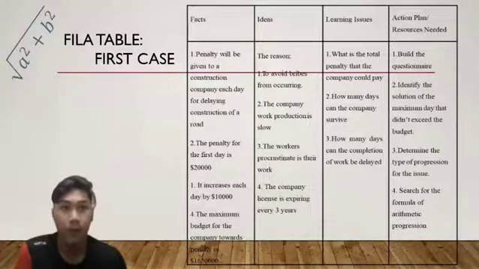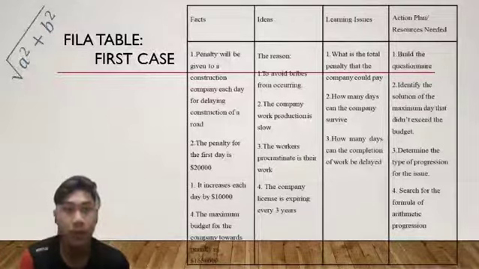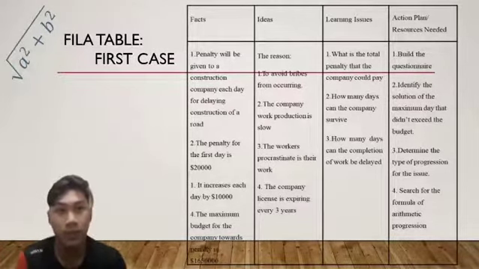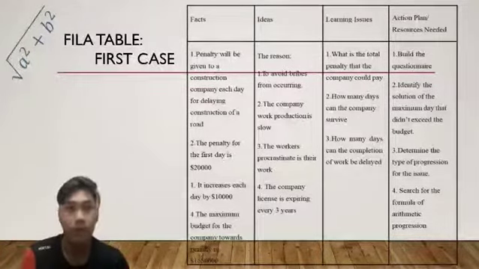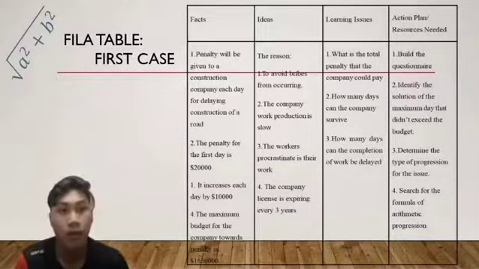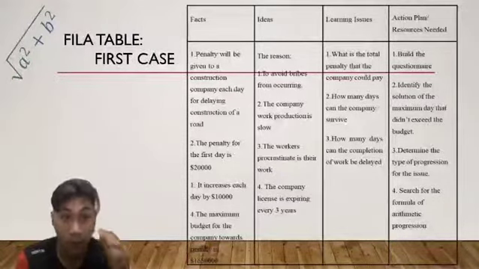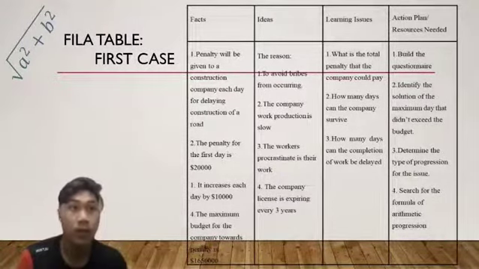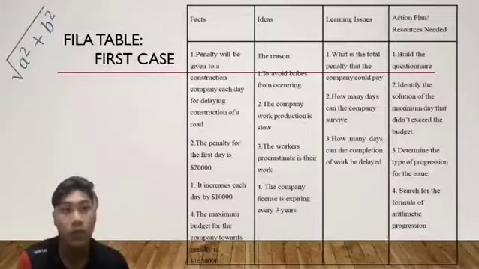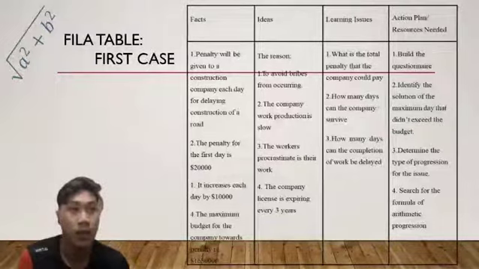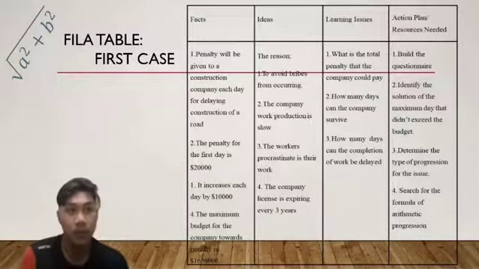First, a penalty will be given to a construction company each day for delaying construction of a road. Reason: to avoid bribes from occurring. Any issues: what is the total penalty that the company would pay? Action plan: a questionnaire.